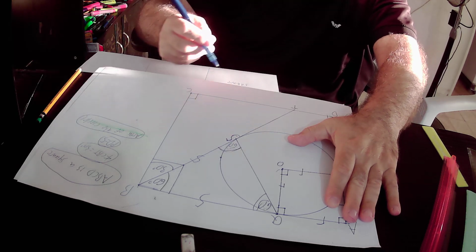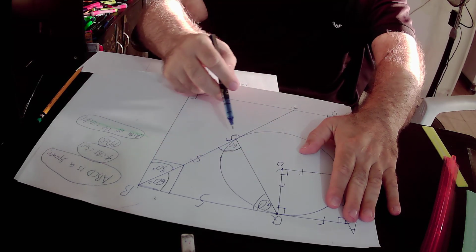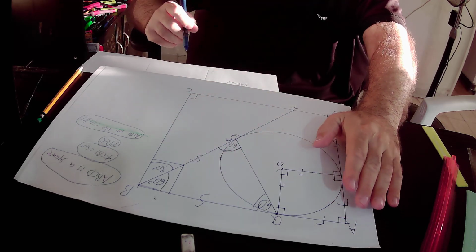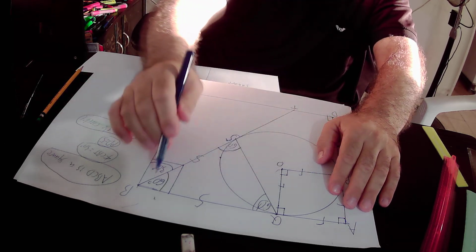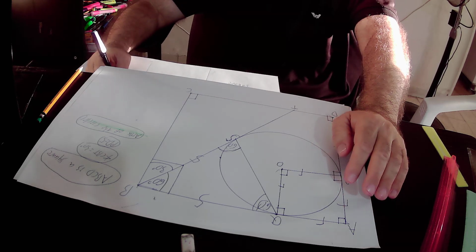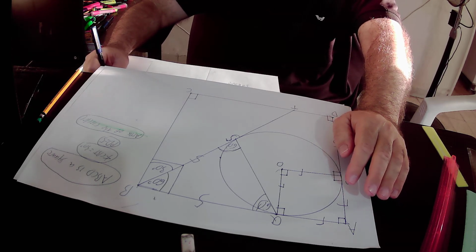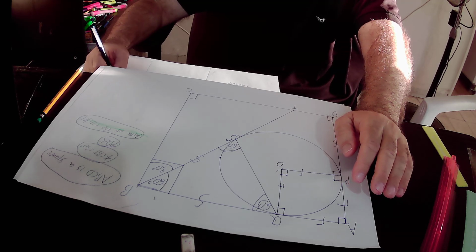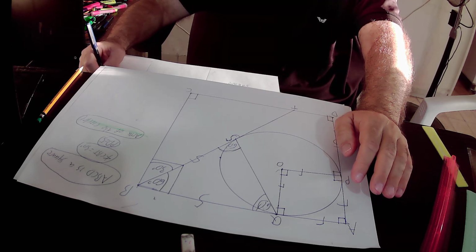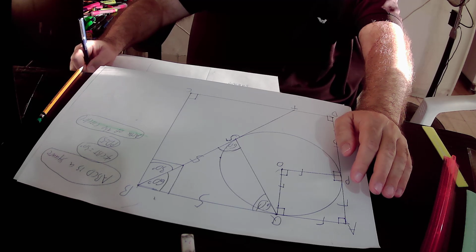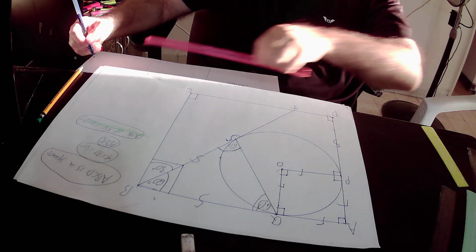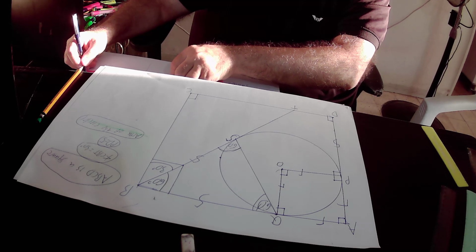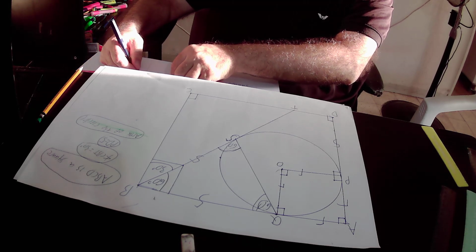So actually, inside triangle QBS, all of its angles are equal to 60 degrees. Therefore, triangle QBS is an equilateral triangle. And we know that in an equilateral triangle, all the sides are equal to each other.